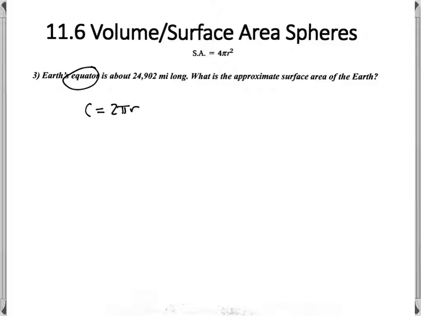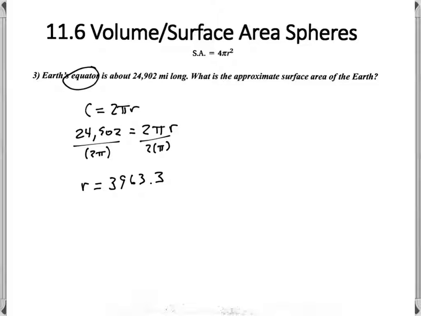So that means we're going to get 24,902 equals 2 pi times your radius. So what we need to do now is divide both sides by 2 pi. And so in this case, we figure out that our radius for Earth is 3,963.3 miles.